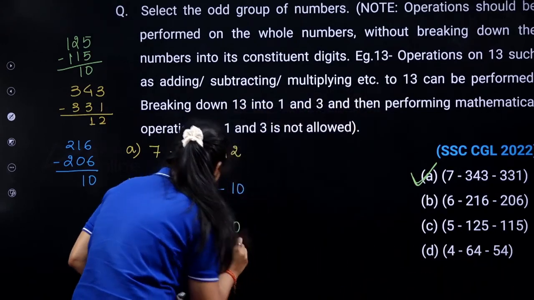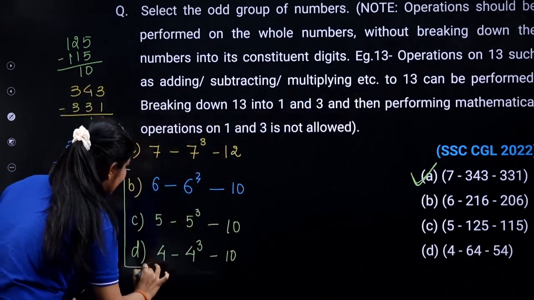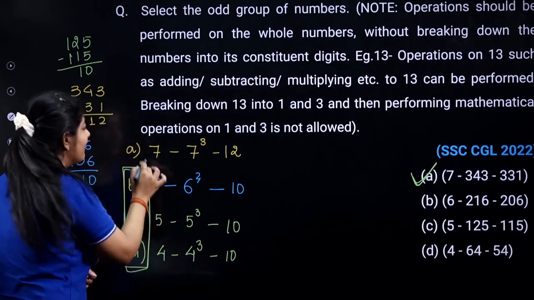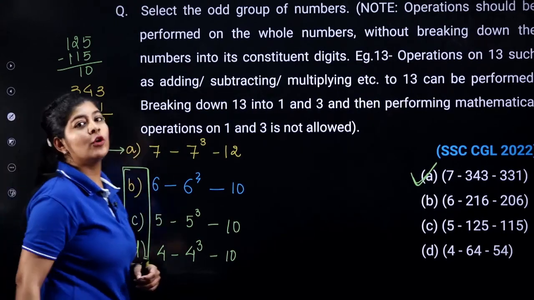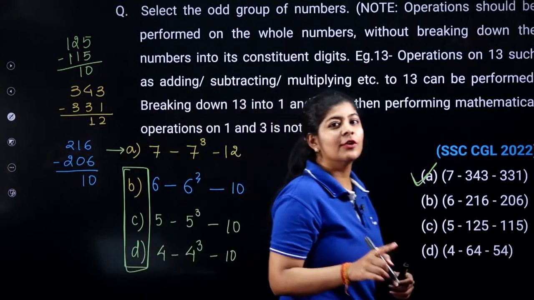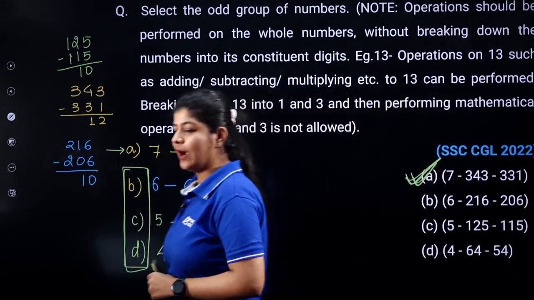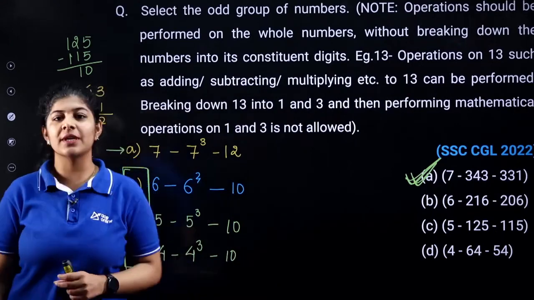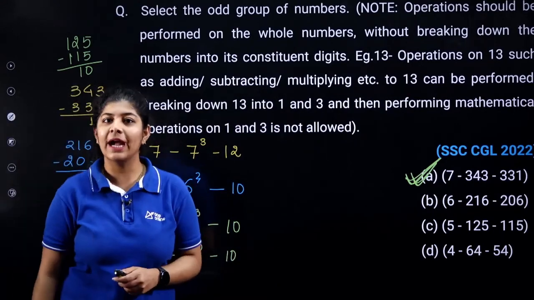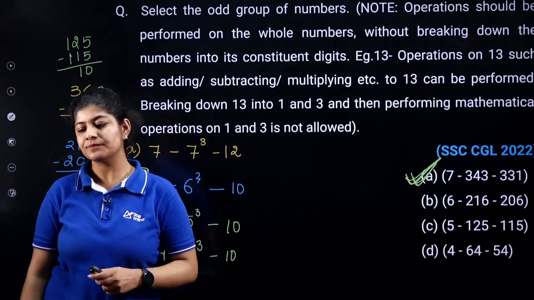So options B, C and D make a group, but option number A is not following the property of that group, and that's why option number A is our odd one out. Is it clear? Okay.